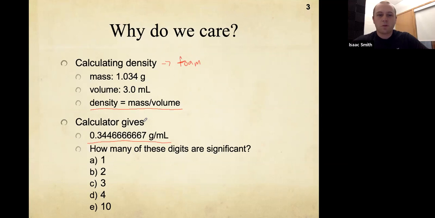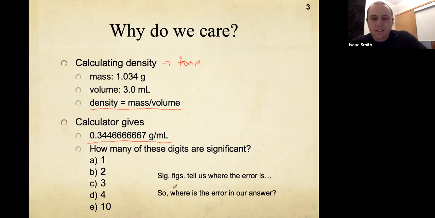So there need to be some rules that we follow when we do addition, subtraction, or multiplication and division with measurements, so that what we report properly shows how confident we are with our answer. So we want to know how many of these digits are actually significant. Again, sig figs tell us where the error is in our calculation. So what we're going to talk about is how to figure out what the error is in our answer when we do math with significant figures.